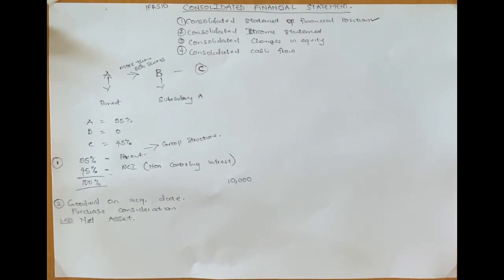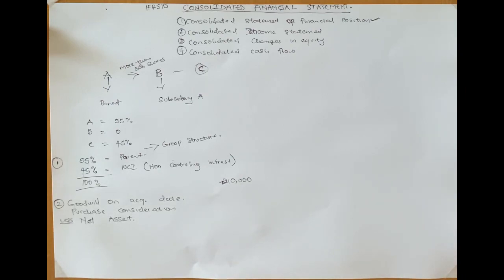So goodwill is calculated as purchase consideration minus the net asset of a company. For example, let's say the total net asset of the company is 10,000 naira. Technically, if I want to acquire a company, when they tell me that the total net asset of the company is 10,000 naira, I should just pay the 10,000 naira and acquire the company.